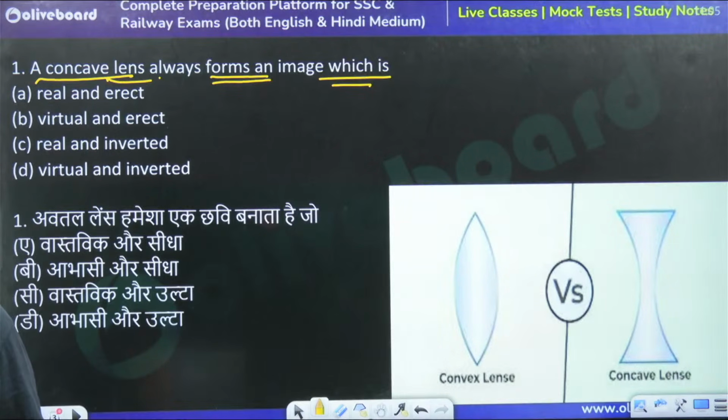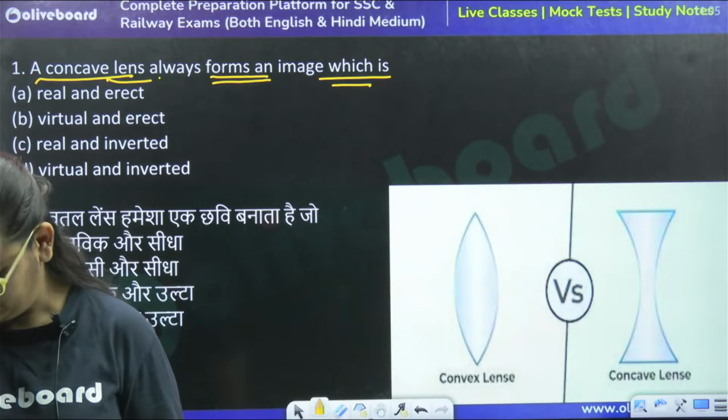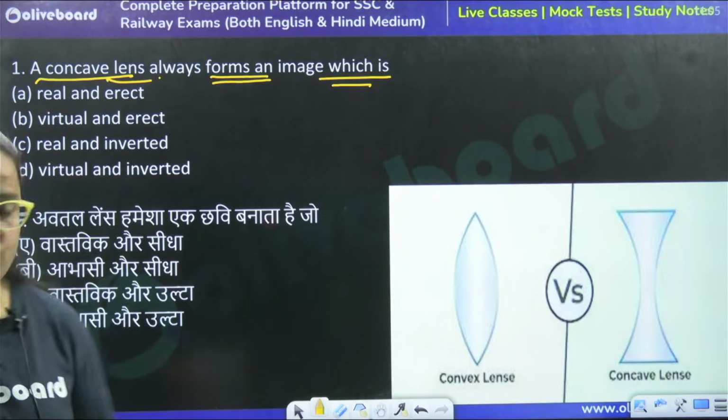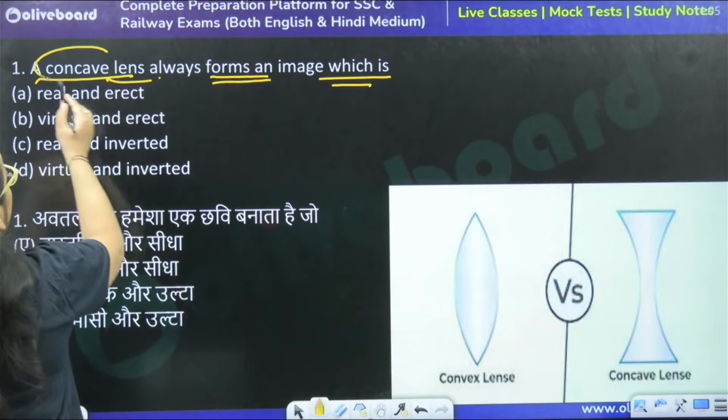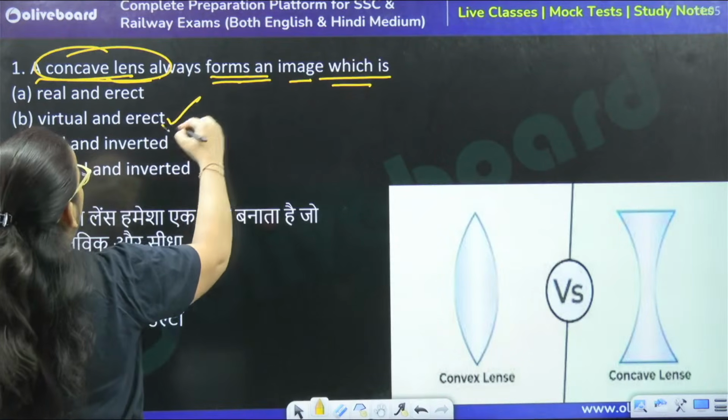Here are your options: real and erect, virtual and erect, real and inverted, and virtual and inverted. Answers please. Any inputs? Virtual and erect. So actually a concave lens always forms an image that is virtual and erect.